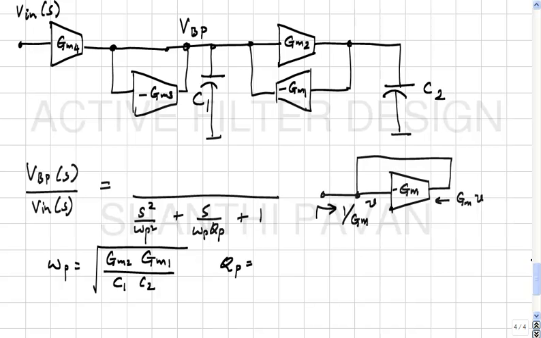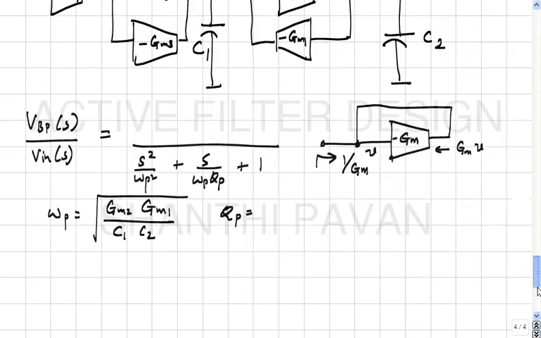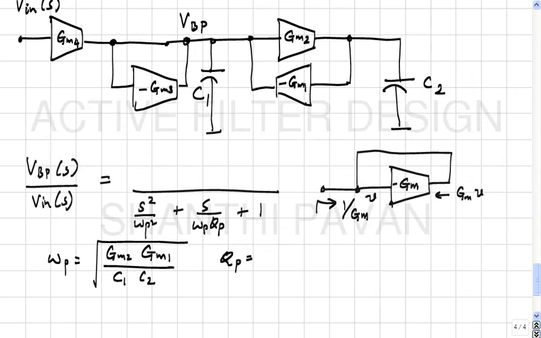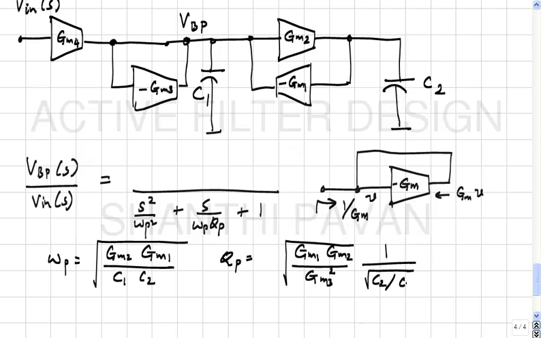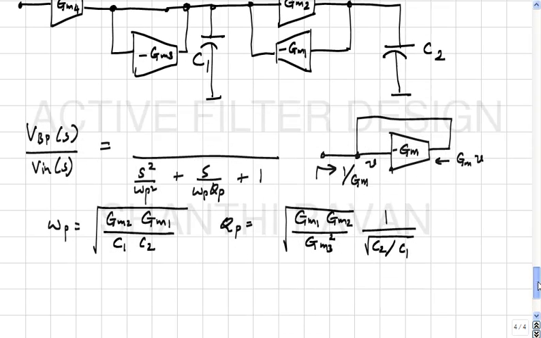QP will be, all that you have to do is find the earlier expression for QP and replace R with 1 by Gm3. Okay, so this will be square root of Gm1 Gm2 by Gm3 square, times 1 by square root of C2 by C1.